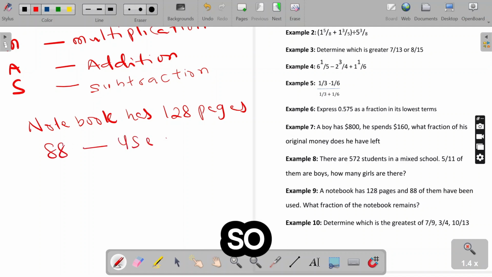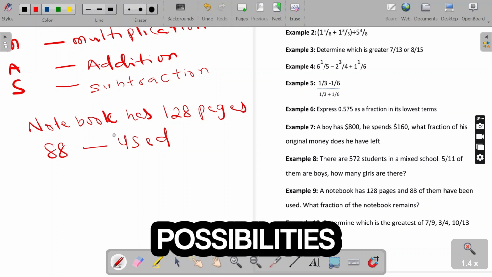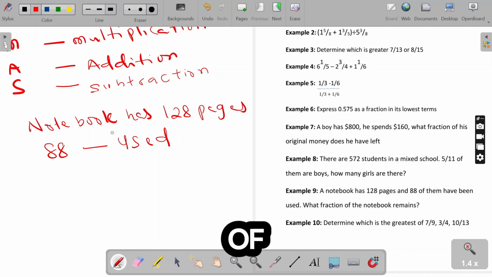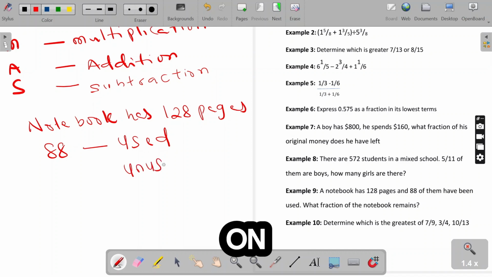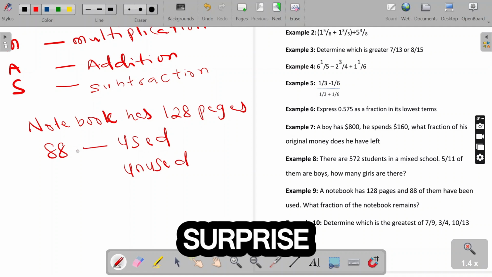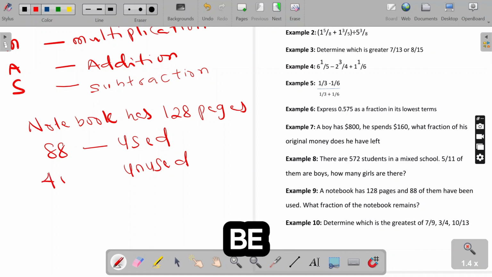So that means there are two possibilities: the used portion of the notebook and the unused. The unused will be from this 128 pages, which is the total, subtract 88, and that will be 40. That will be 40 unused.